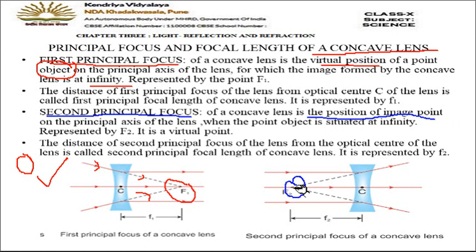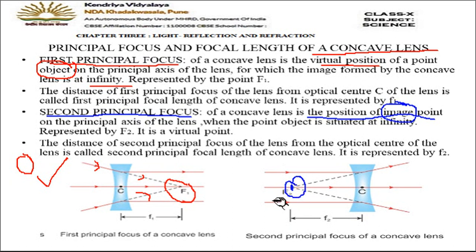So this position is of the image. If parallel rays are coming, that means the object is at infinity, and the image will be formed at this particular point in the case of a concave lens. So this point will be f2.